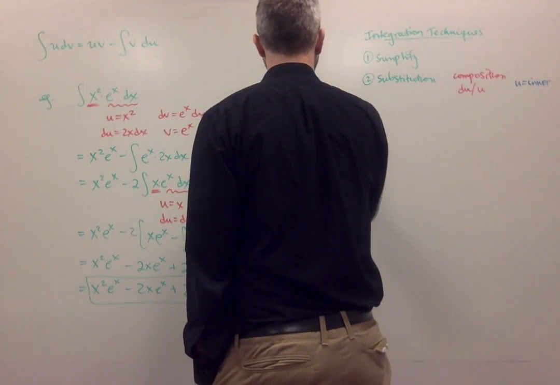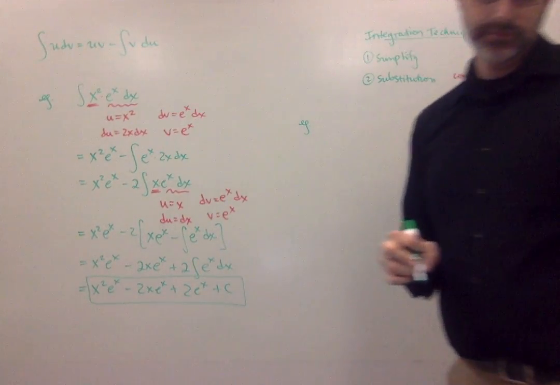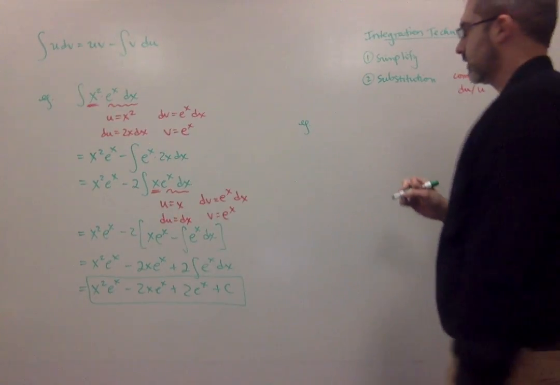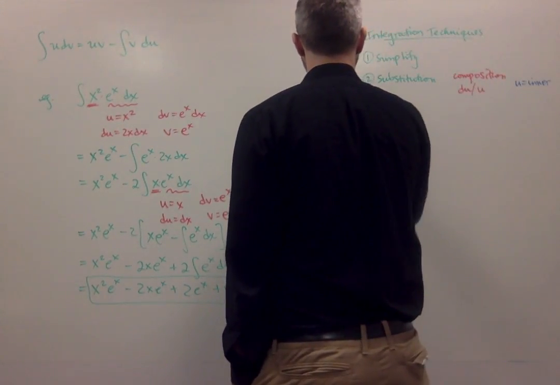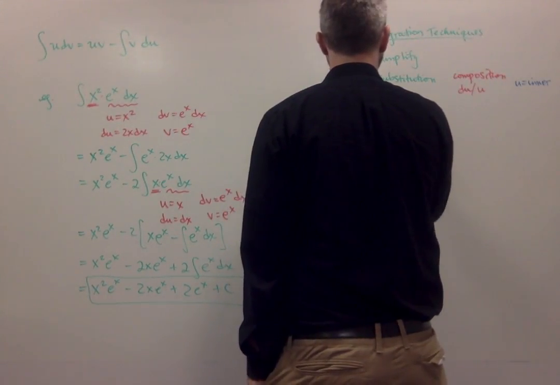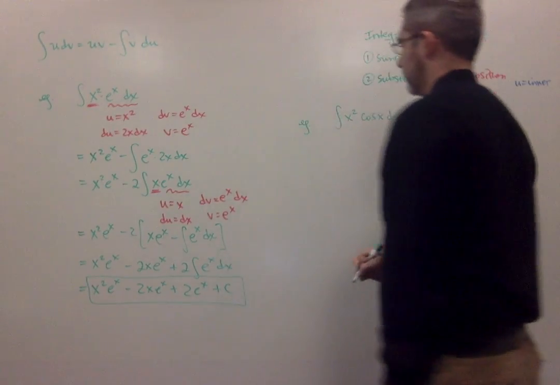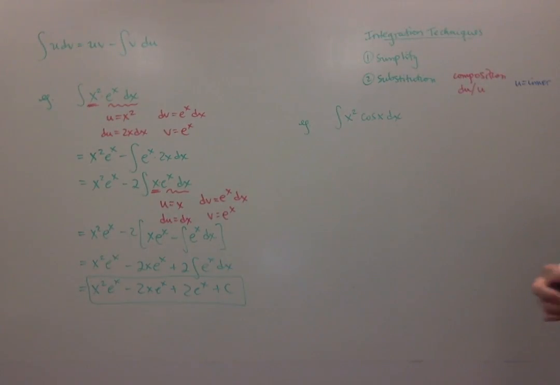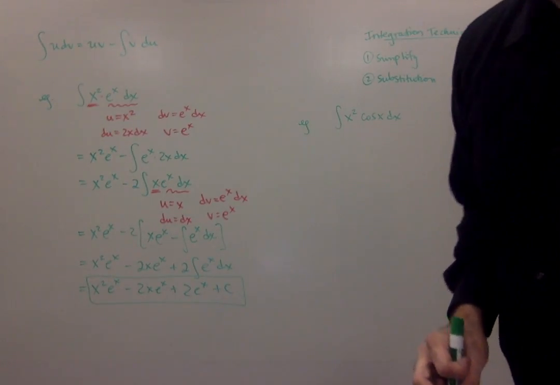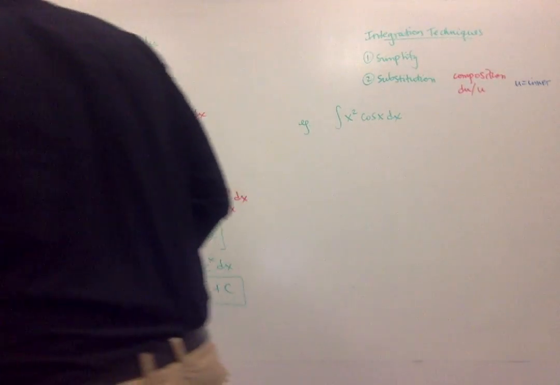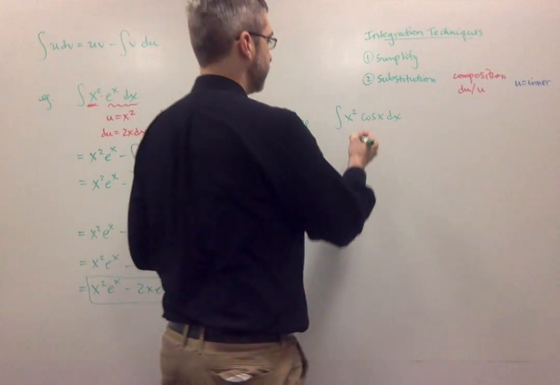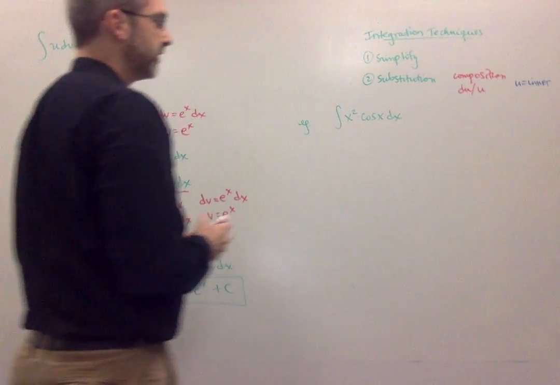Let's take a look at another example kind of like that. Let's look at x squared times cosine x. So again, the product here tells me, oh, probably integration by parts.